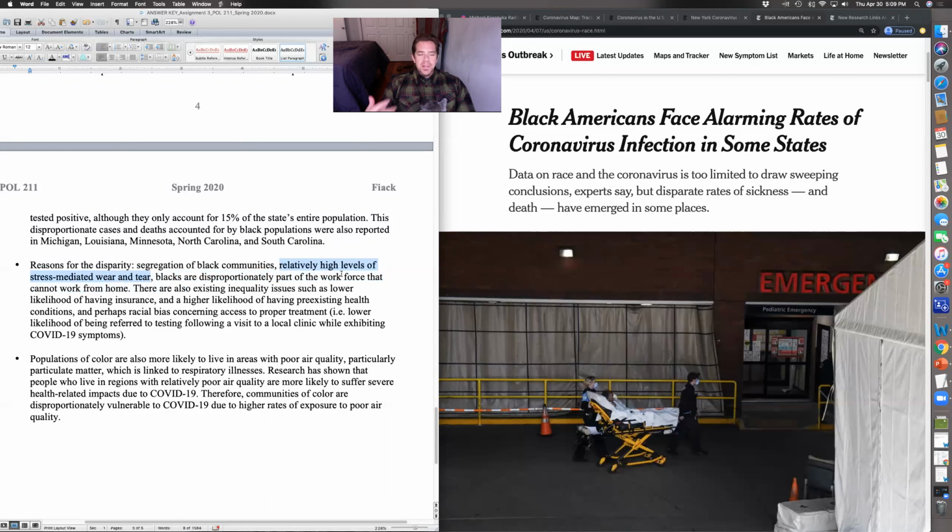Because of the experiences of Black communities, you have perhaps a lower life expectancy in these communities and higher levels of wear and tear. And you also have issues such as a lower likelihood of having health insurance, and a higher likelihood of having pre-existing health conditions. The article highlights that the wear and tear, the lower likelihood of having good insurance or insurance at all, and the pre-existing conditions all make Black communities particularly susceptible to serious complications from COVID-19, right?